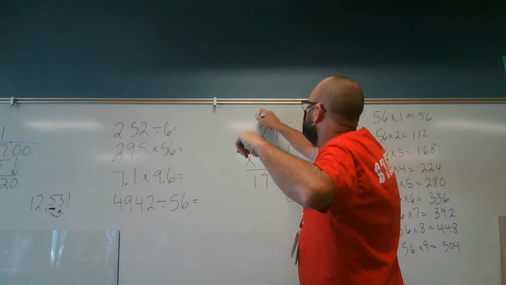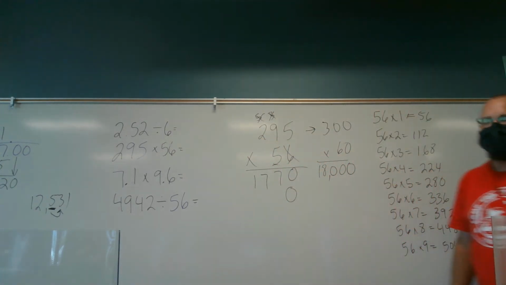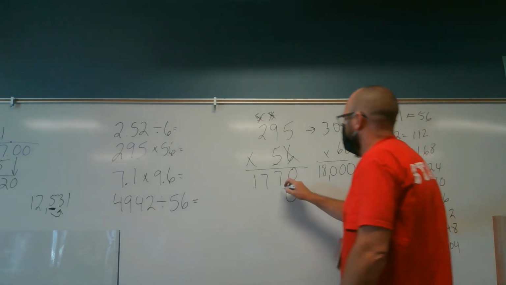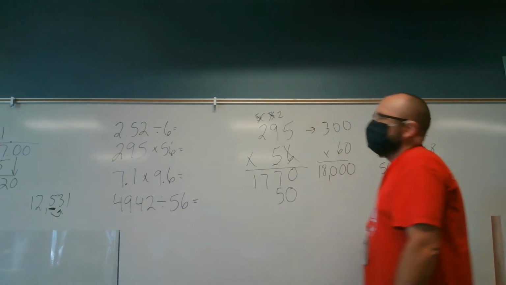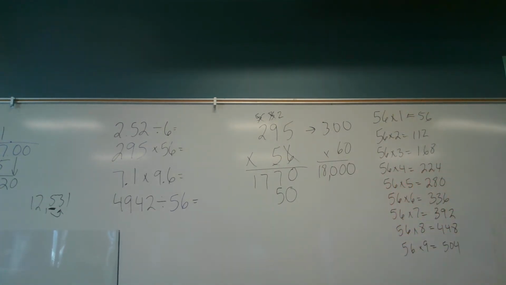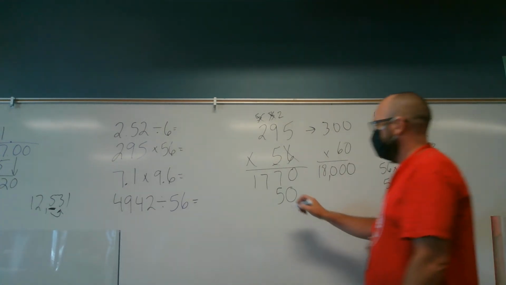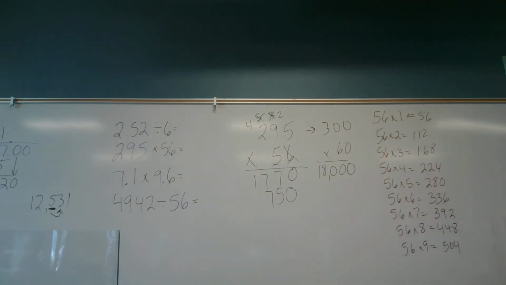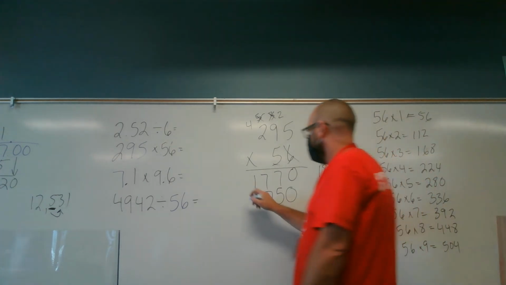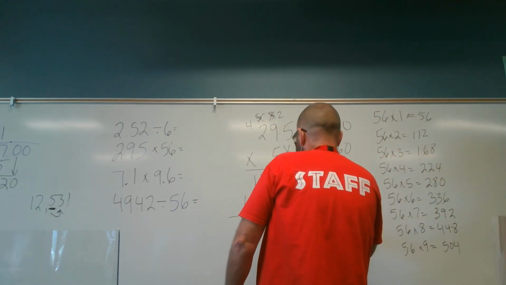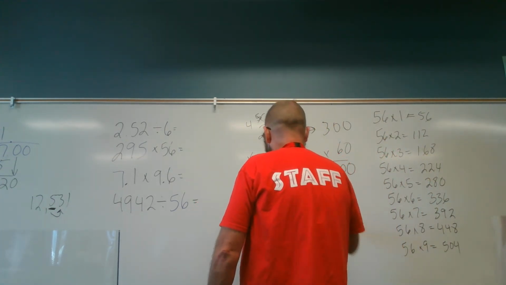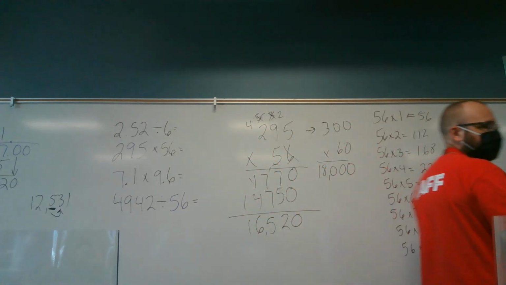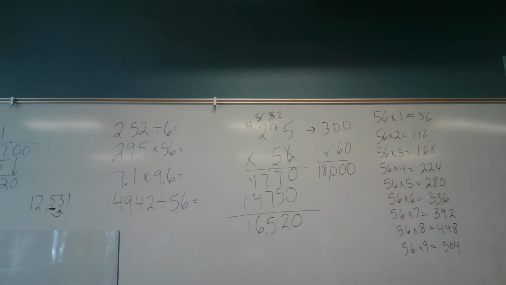And I'm done with what I carried. I've really already done my 6. And 5 times 5 is 25. 5 times 9 plus 2 is 47. 5 times 2 plus 4 is 14. Adding it up, I get 16,520.